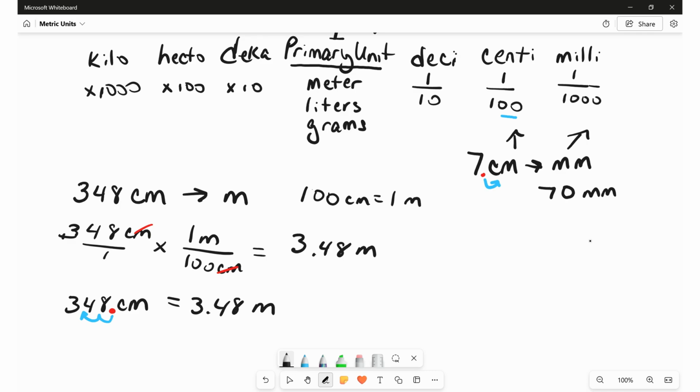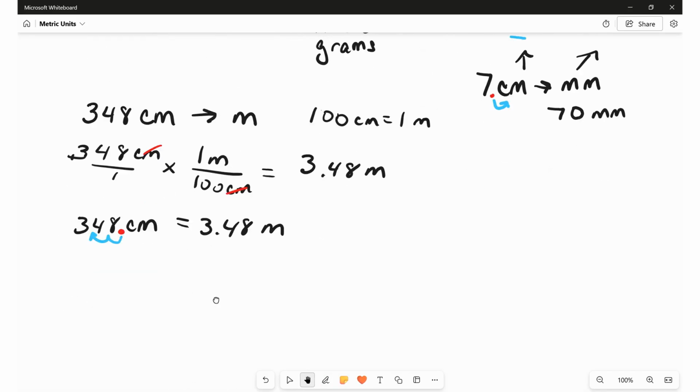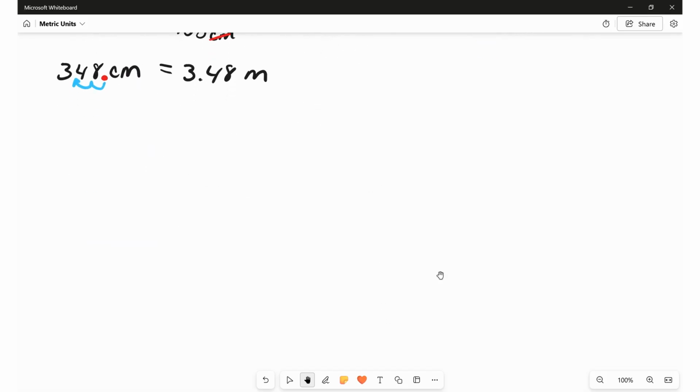So another unit that you're going to see, and this is just because of the course that we have, you're going to see something like this kind of weird looking U. And you'll typically see it with the G, grams.